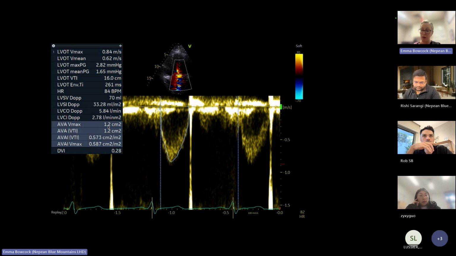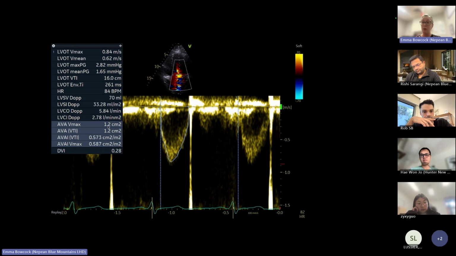In pregnant patients, the gradients and the velocities are less helpful to grade severity because their preload status has changed, their afterload status has changed, and their flow dynamics are completely different. So we do rely more on aortic valve area and DSI when you're pregnant, right?